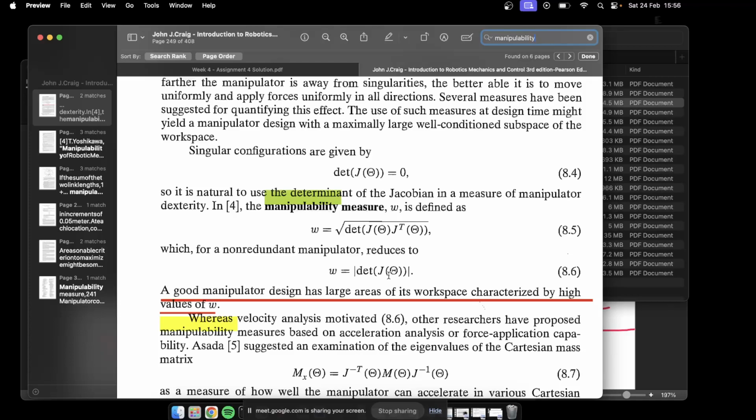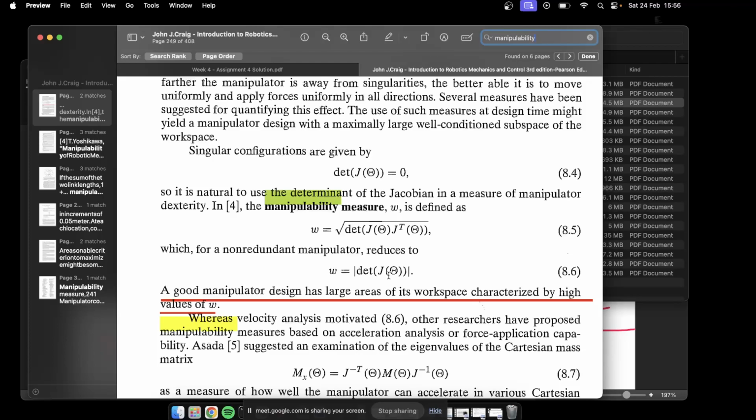Any confusions here in how the manipulability measure is calculated and what it means? So it's not a very involved concept, but a very useful one in order to do the workspace analysis of any given manipulator. Because we always go back to the 2-hour manipulator because it's a very simple example to motivate things in a classroom setting.